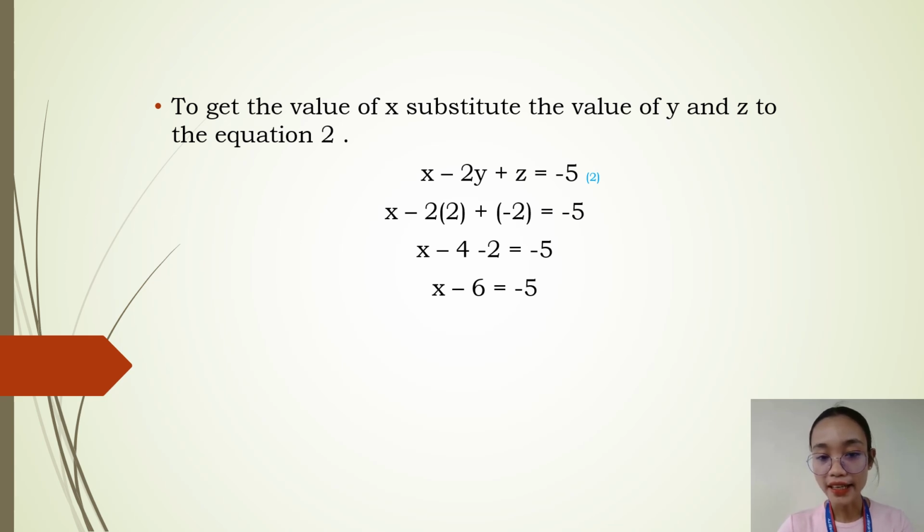So x minus 4 minus 2 is equal to negative 5. Negative 4 minus 2 is equal to negative 6. So we have now x minus 6 is equal to negative 5. So the value of x is 1.